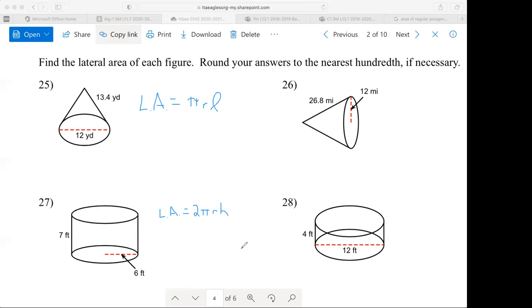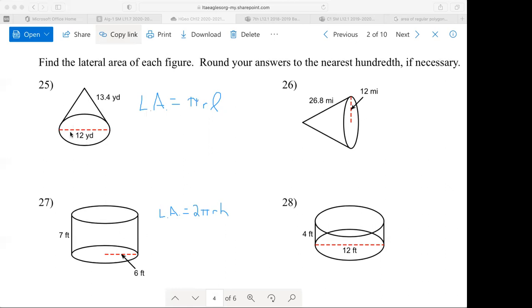Notice on number 25 and 28, I gave you diameters. So before you do any calculation, make sure you cut those in half. Pick one, Matt. All right, actually pick two, a cone and a cylinder. 25 and 28. All right, let's do 25 and 27 because one is a diameter, one's a radius.